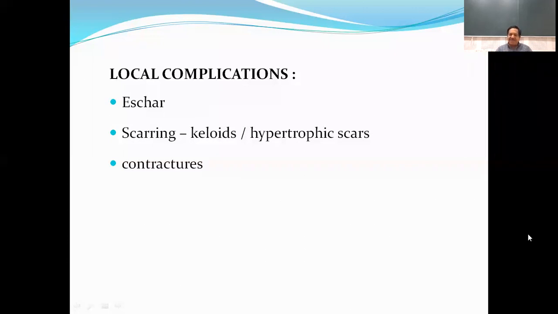Now what happens if there are wound contractures? Wound contractures occur in deep burns only. Superficial or partial thickness burns do not get contractures. But in deep burns, contractures are the late complications of the burns.